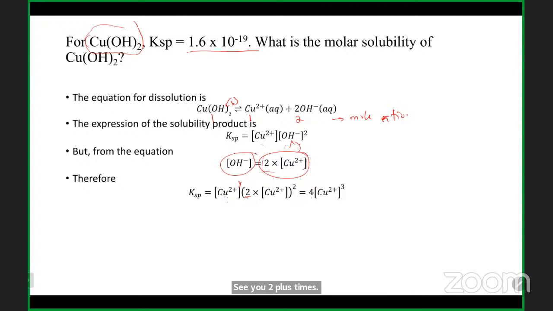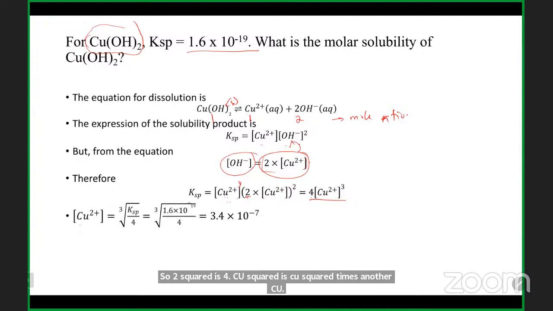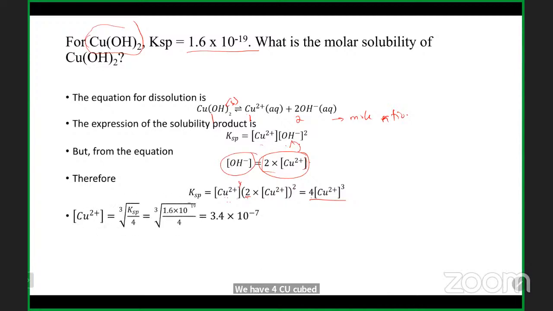So 2 squared is 4. Cu squared is Cu squared times another Cu. We have 4 Cu cubed. So if that is KSP, you can make Cu the subject of the formula, and then you arrive at the cube root of KSP over 4.